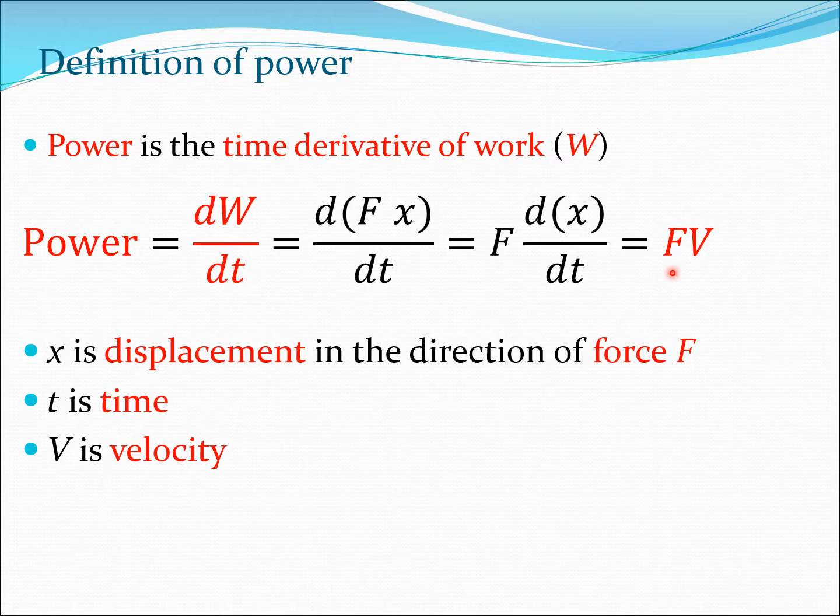So do recall from physics that velocity is the rate of change of displacement. So essentially this is the relationship between power, work, force and velocity. And of course, if you remember from physics, the unit of power is watts, the unit of work is joules, and the unit of force is Newton.